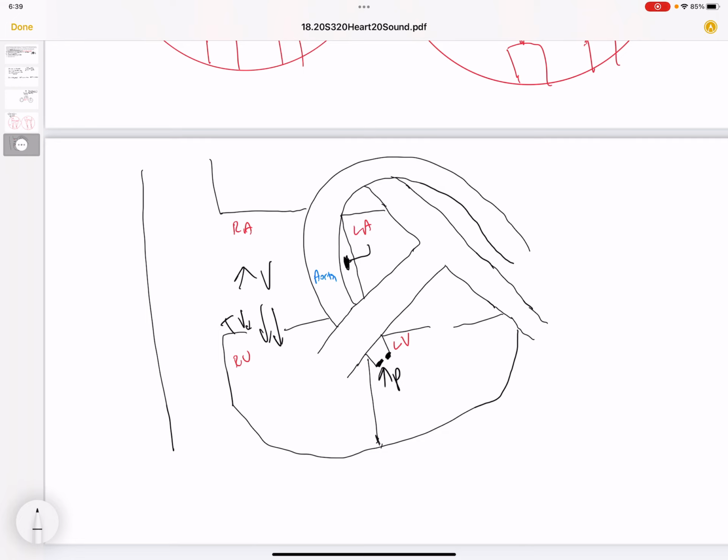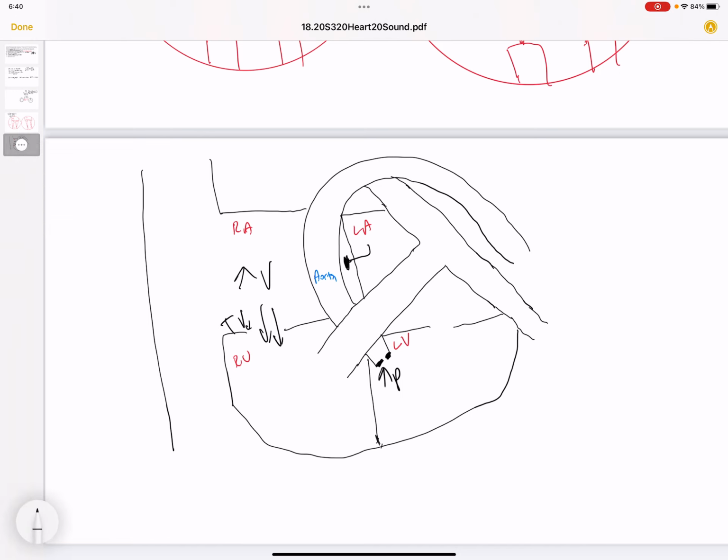And that results in a murmur. So during diastole, the tricuspid valve is open, and we have that increase in blood flow going through that tricuspid valve.